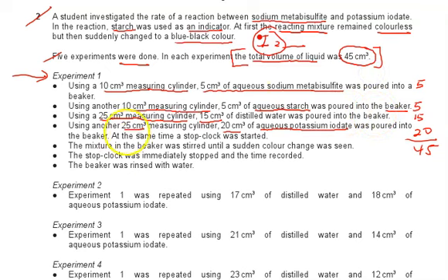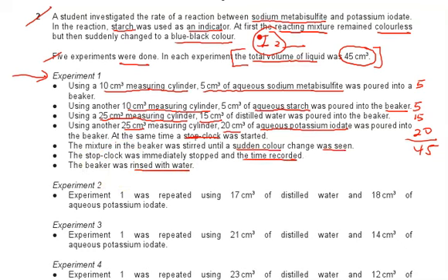Okay, at the same time a stop clock was started. Once the potassium iodide was poured in, the stop clock was started. The mixture in the beaker was stirred until a sudden color change was seen, which is the blue-black color. The stop clock was immediately stopped and the time recorded. The beaker was rinsed with water.